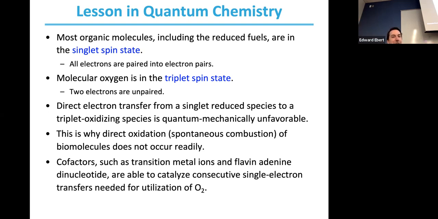Well, oxygen is close behind that because this triplet spin state results in a lot of oddity. For example, you can't directly transfer an electron from a singlet reduced species to a triplet species. That's unfavorable according to quantum mechanics. So we don't see this direct oxidation occurring. Again, spontaneous combustion is not going to happen because it's prohibited by quantum mechanics.